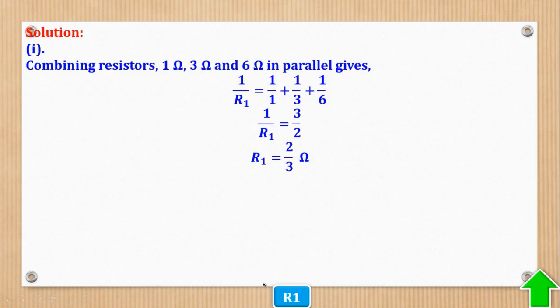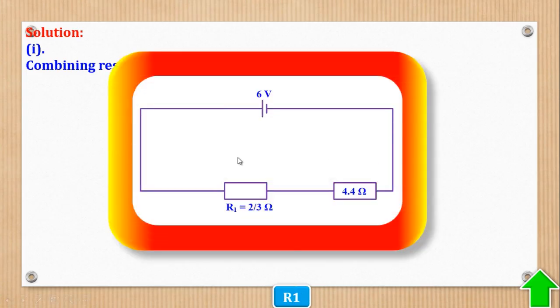After getting R1, the circuit will be modified to this state, where all the three resistors have been combined into one resistor. And you will realize that the current flowing through R1 is the same current flowing through 4.4 ohm. What does that mean? It means that those two resistors are in series.